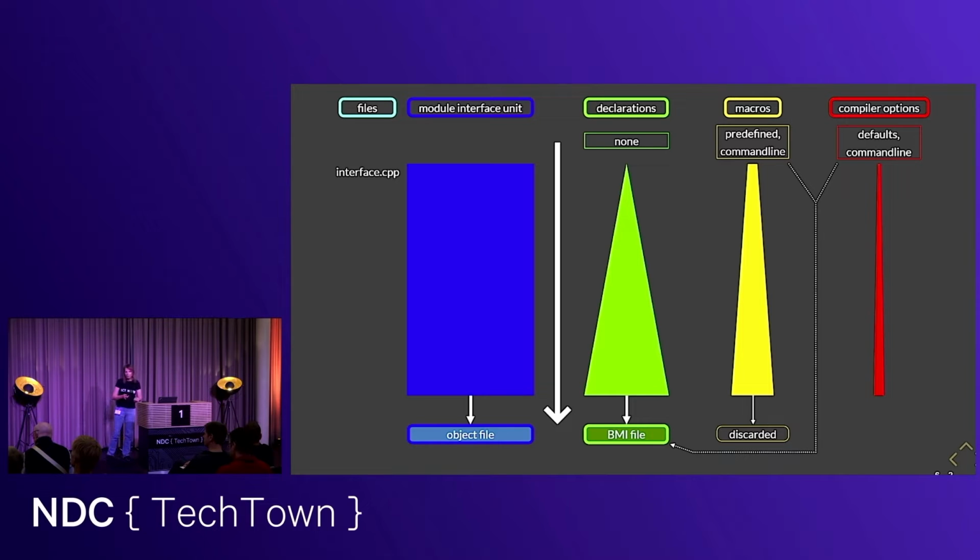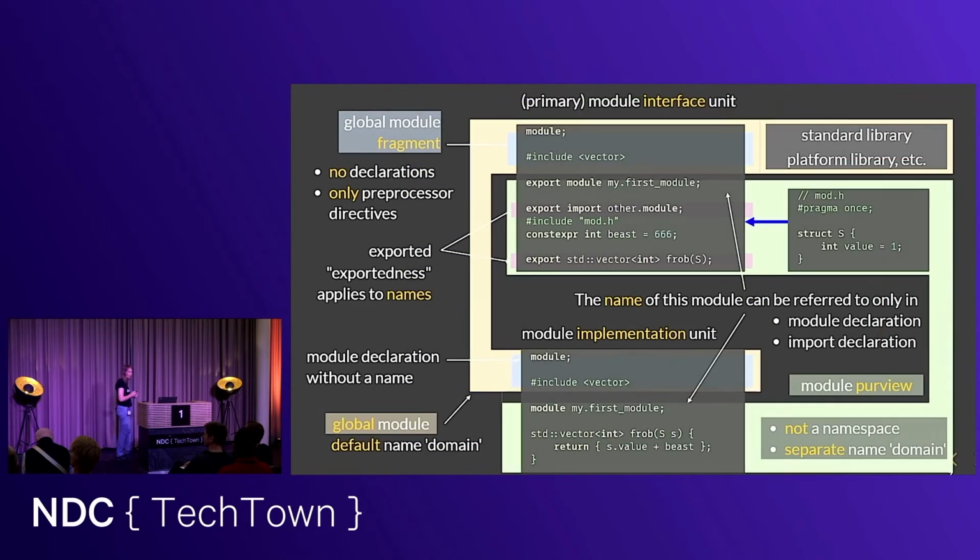And usually, implementations also store a bit of information in there about the initial compilation state, like macros that have been on the command line or compiler flags. This is to make sure that both the user and the producer of an interface are compatible with each other. Compilers can check that, and they actually do.